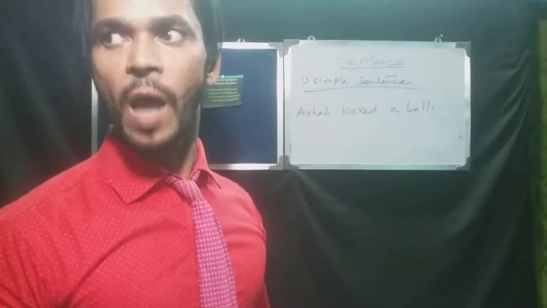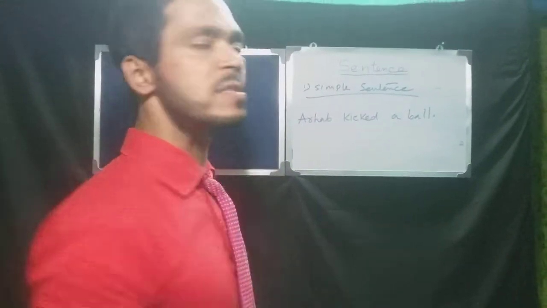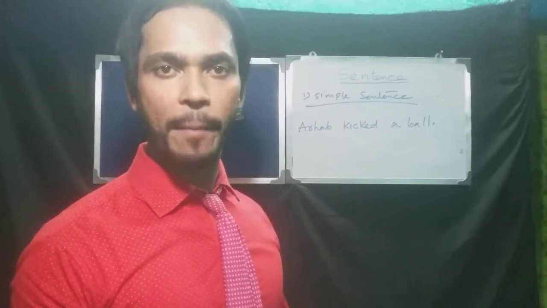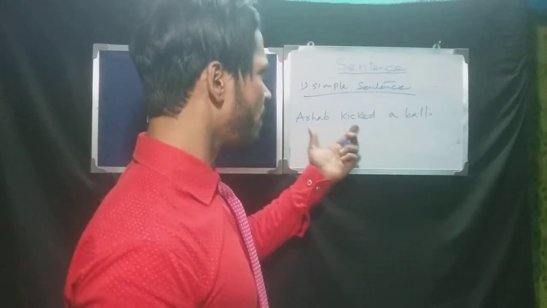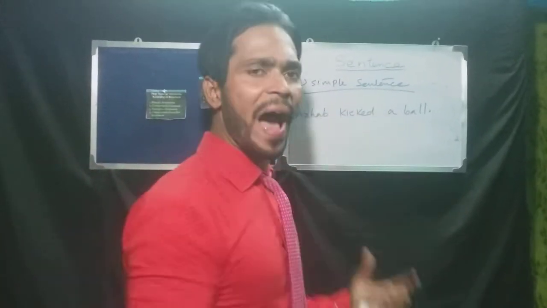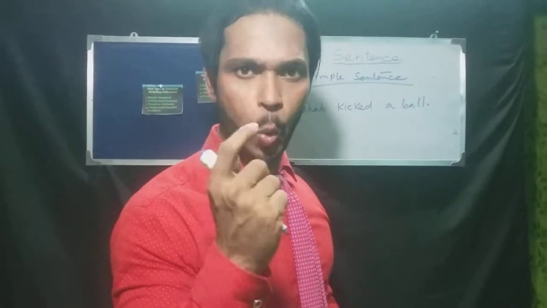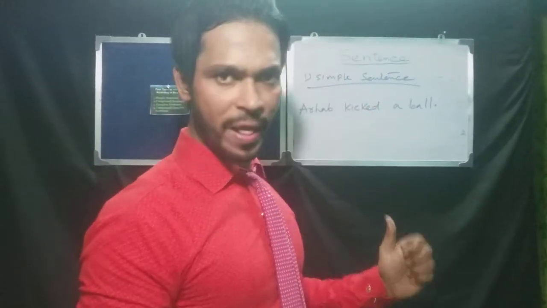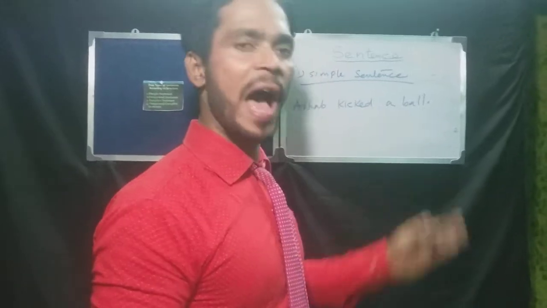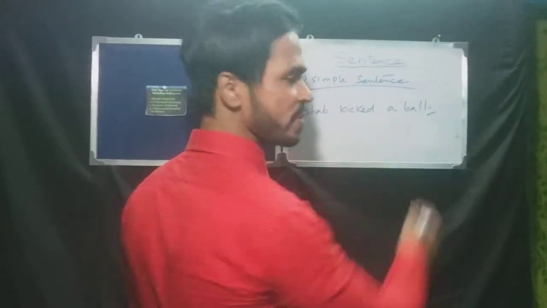Arhab kicked a ball. Here Arhab is a subject. Here Arhab is a name of a person. Arhab kicked a ball. It has an independent clause. It is shorter in length and it doesn't have a comma. It has a full stop.